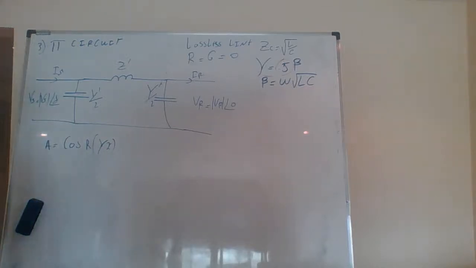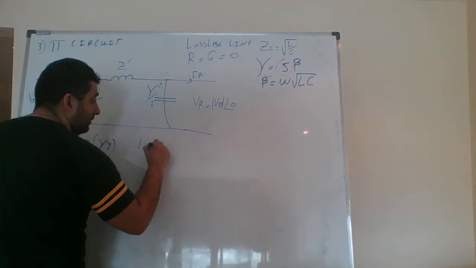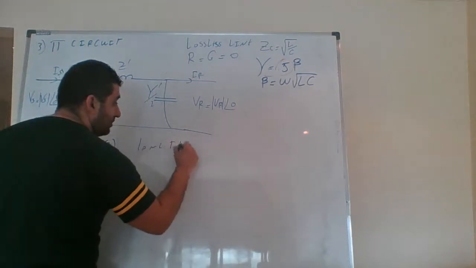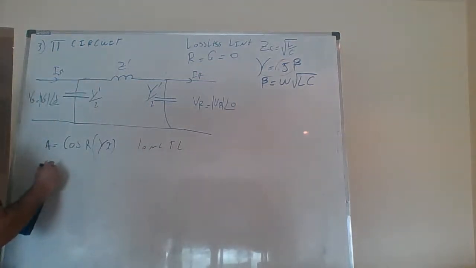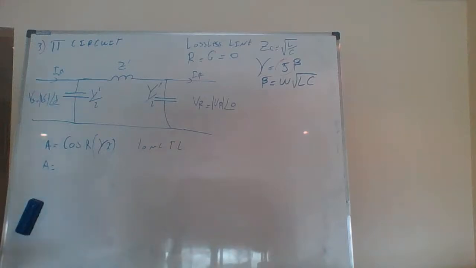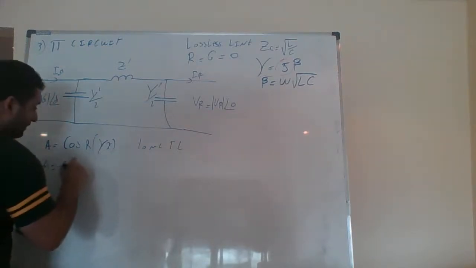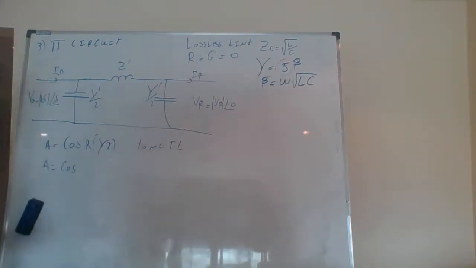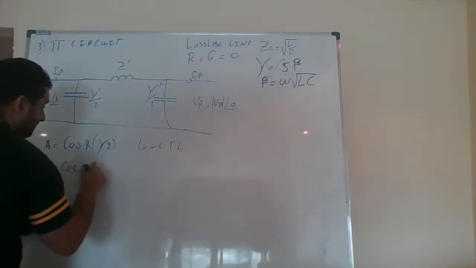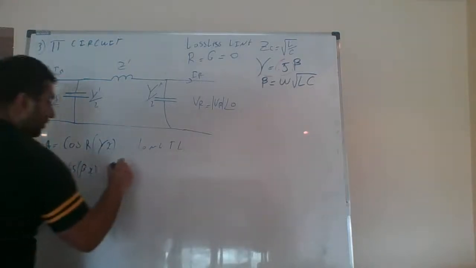This is for a long transmission line. A, and D as well, is equal to cosine. Remember, when I did the transformation into a lossless line, A is equal to cosine beta x for a lossless line.